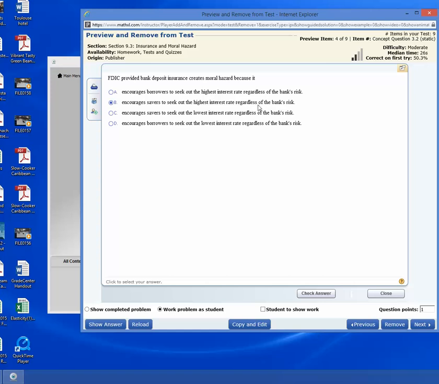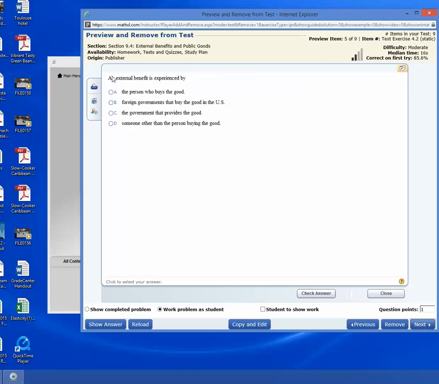Maybe the bank's in trouble, but it doesn't matter. If they get a high interest rate, I'm going to put my money in there because I know if it even goes bad, the FDIC will pay it off. It's a very interesting question about how banks should be regulated. But we will be talking more about banking, especially when we get into the Federal Reserve later this semester.